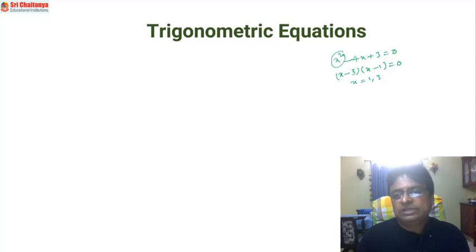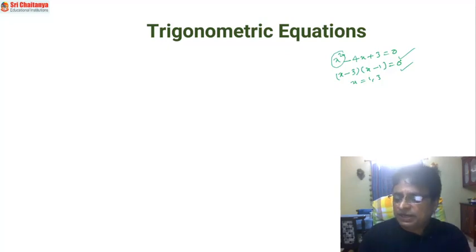And these kinds of equations are called algebraic equations. They may be a third degree equation, fourth degree equation, fifth degree equation. They are called algebraic equations.